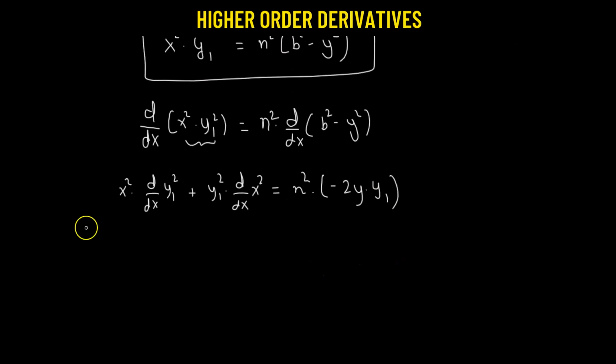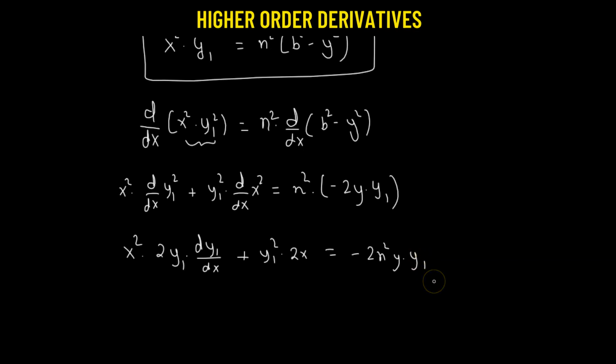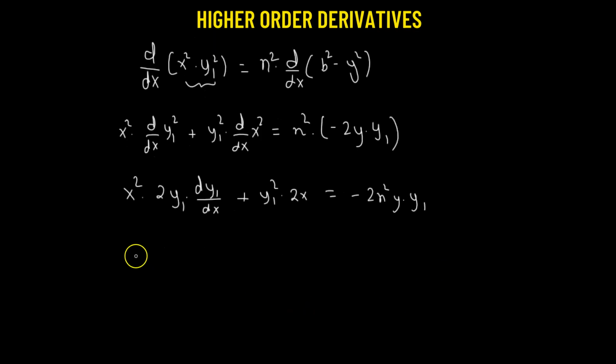Right. Let's further simplify this. So we have x squared, so the derivative of y1 squared will be 2 times y1 multiplied by the derivative of y1 with respect to x, plus y1 squared multiplied by the derivative of x squared, which will be 2x, equals negative 2n squared y times y1, right, which gives us x squared times 2y1 times the derivative of y1 with respect to x, so this gives us the second derivative.